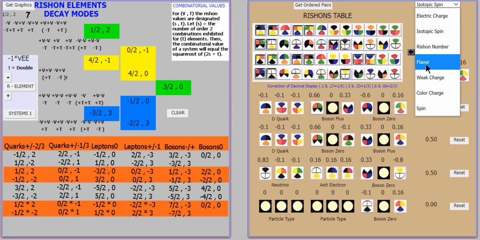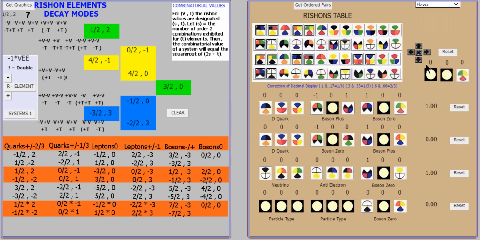Let's look at flavor. And so before we had the boson plus, each of the component particles had opposite signed flavor until there was a total of 0.